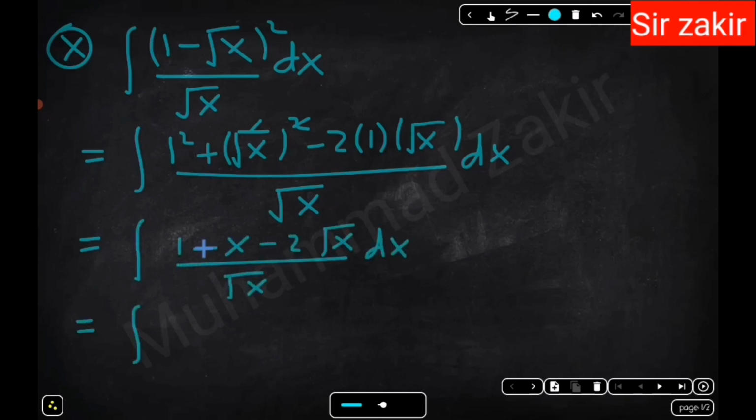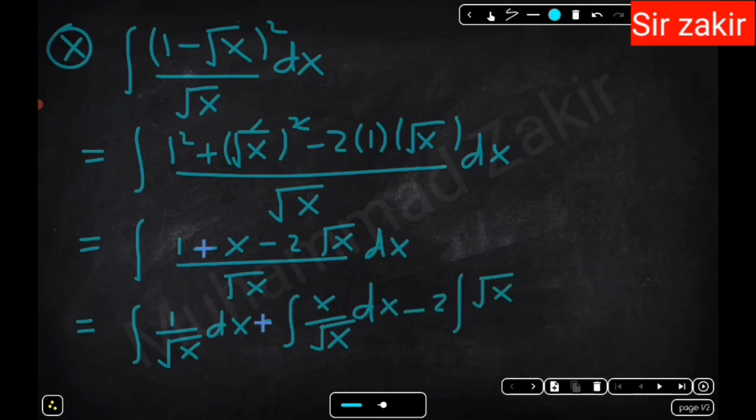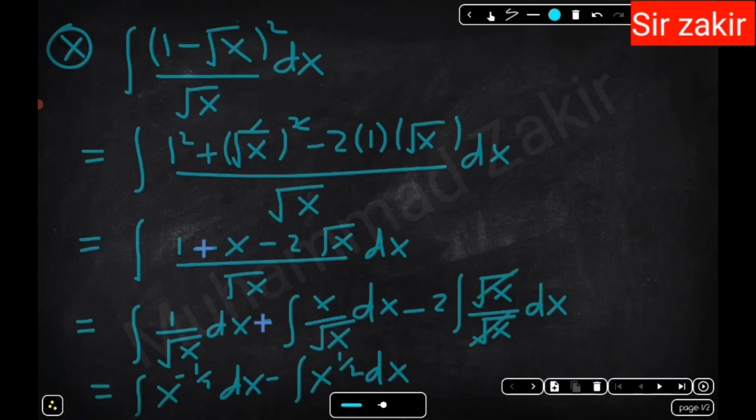We separate the integration. Minus 2 outside, square root x divided by square root x. This will be integrated. Here, integration of x power minus 1 by 2 dx. Here these two are cancelled, integration of 2 dx. So every time we increase the power of the function by 1 and divide by that.